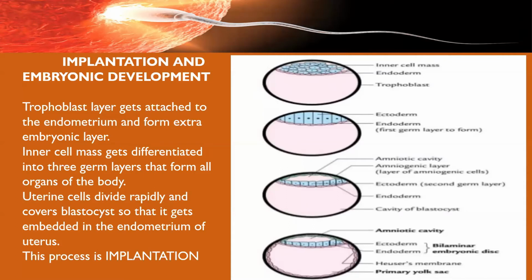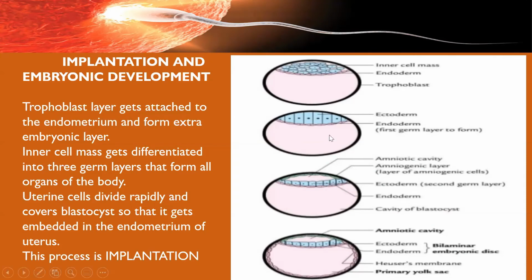Extra embryonic layers are those layers which help in protection, in nutrition, in placenta formation. They are not directly involved in any embryonic structure formation. On the other hand, the inner cell mass is going to form the proper embryo.